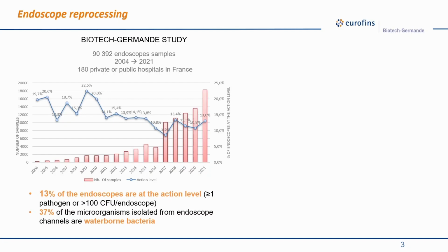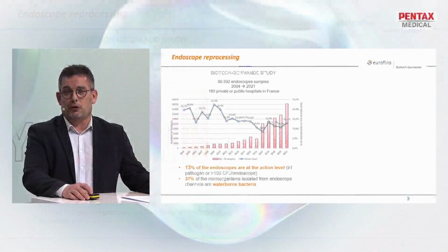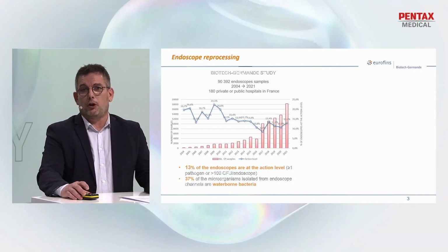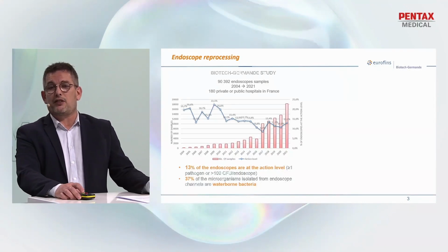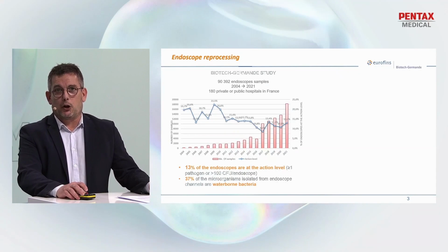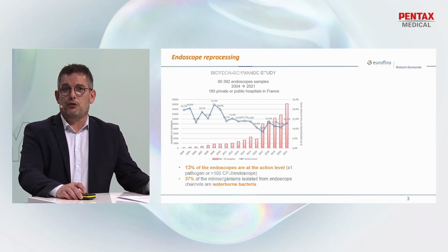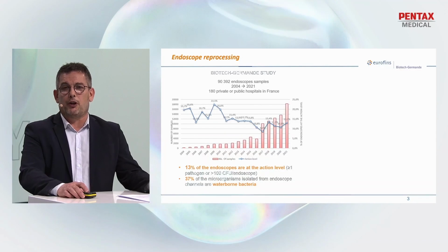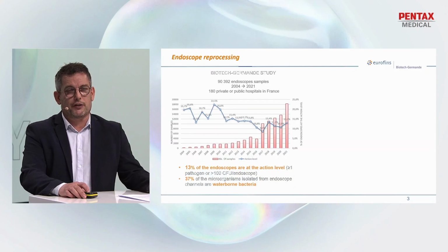And this quality is improving year after year, but we still have in 2021 13% of endoscope considered to be contaminated. Of course, we can spend a long time to discuss what could be the best target value for endoscope quality. But I think that 13% of endoscope contaminated is still a huge amount of endoscope with a high risk, and we still have to work to reduce this risk.